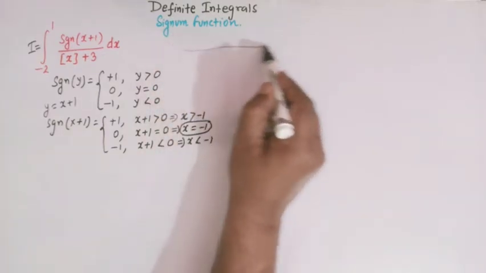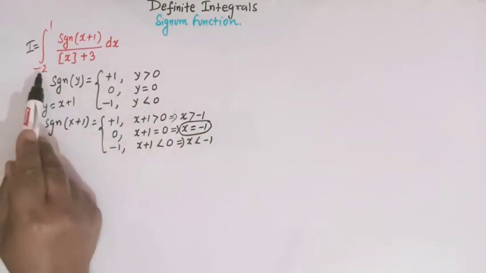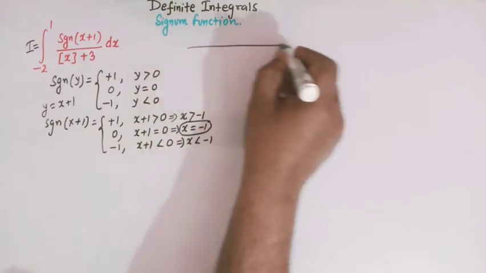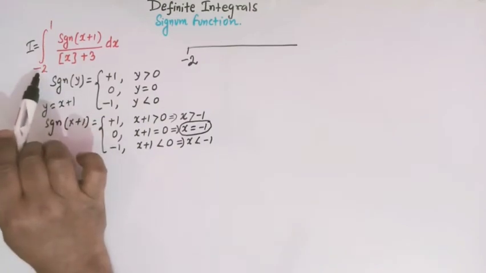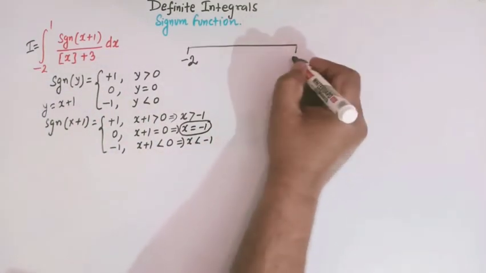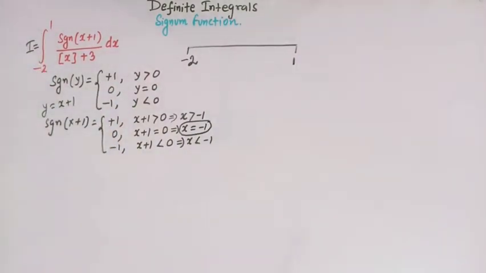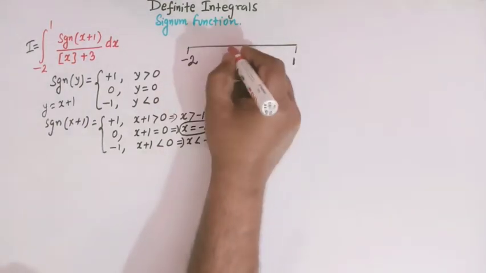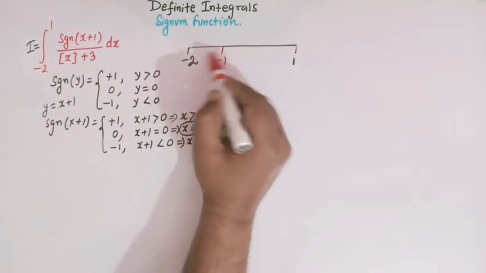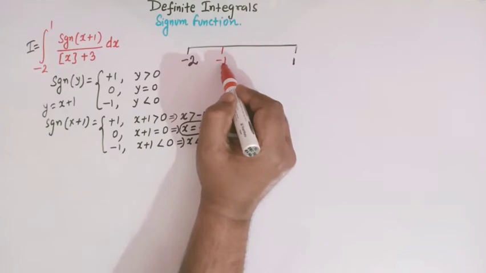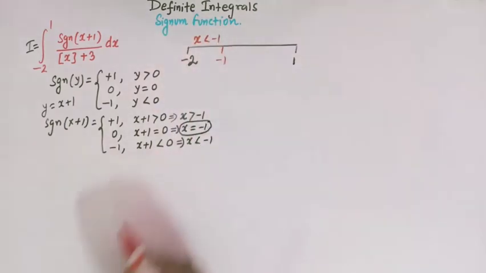So let us plot these points, that is minus 1, minus 2 and 1 on the number line. So here we have minus 2 as the lower limit, and 1 as the upper limit of this integral, right? And x is equal to minus 1 lies somewhere here, right? Okay, so now if we take this interval, that is minus 2 to minus 1, we see that all the values of x are less than minus 1, right?